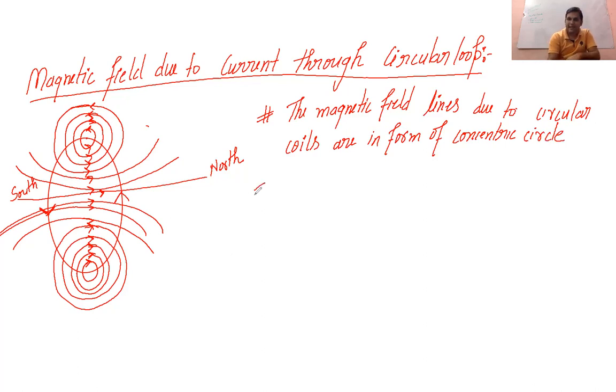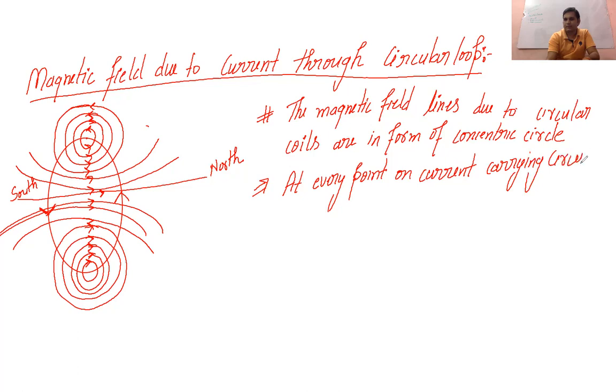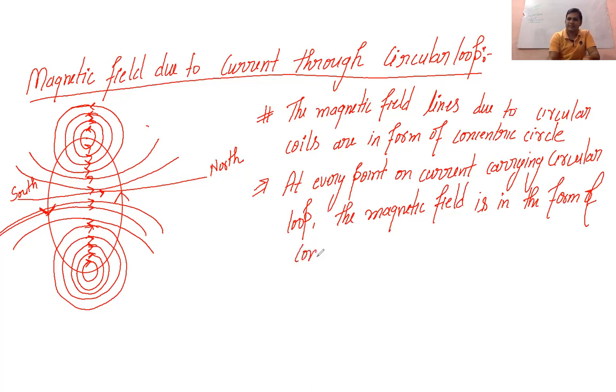Okay, so at every point on a current carrying circular loop, the magnetic field is in the form of concentric circles around it. Okay, so you can just note these points like this.